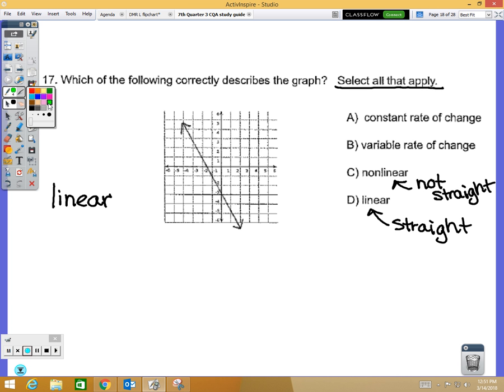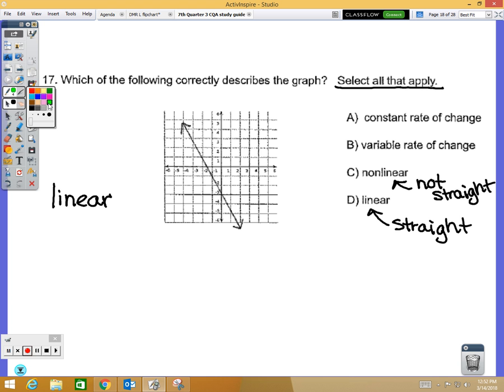What does constant mean? Just the word constant? There's another definition that I'm thinking of here. Constant. No? Consistent. What does consistent mean? Same. In science class, you all talk about constants and variables when you're doing an experiment.